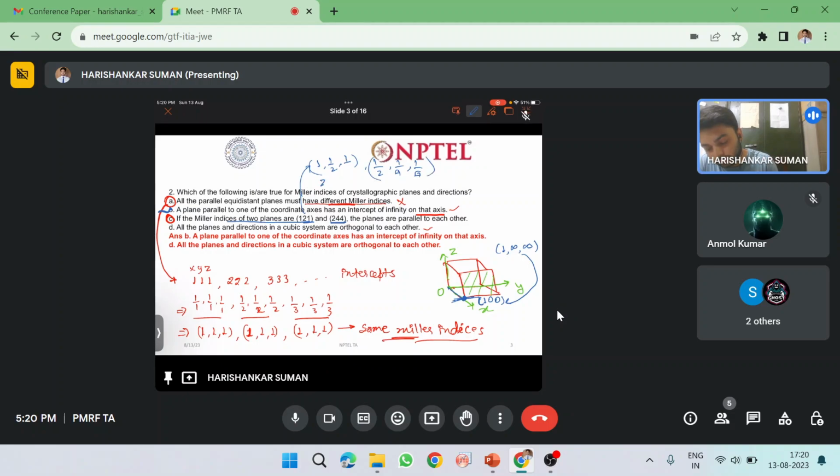First convert into intercepts. Intercept is 2, 1, 1. How can you draw? This is outside the box. So we can consider 1 half and 1.